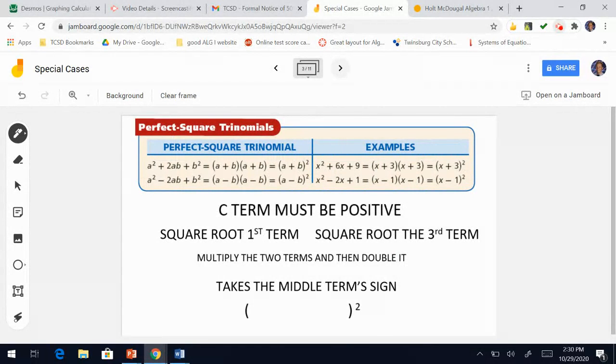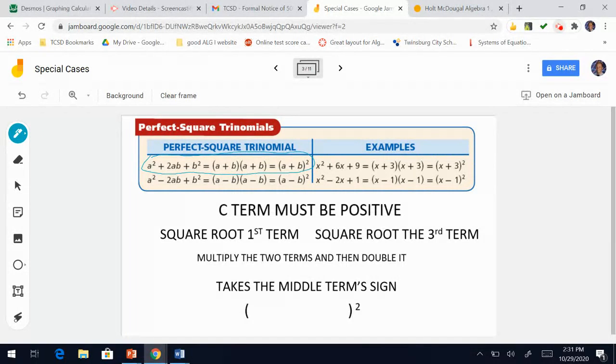All right, so here's the deal. You have the skeleton model right here. And when I was a kid, I didn't like these models because I couldn't really read them because they were all letters. So a squared plus 2ab plus b squared equals a plus b times a plus b, or a plus b squared. So this is why we're calling them perfect square trinomials, all right?